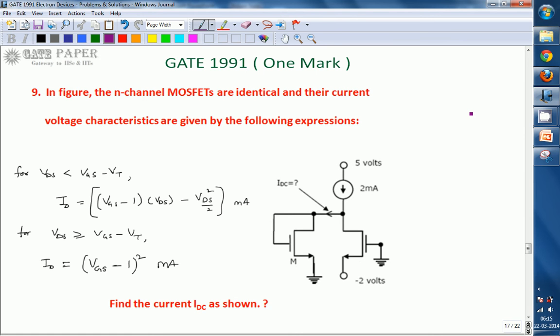MOSFET can be in any of three regions. It may be in cutoff region, linear region, or saturation region. Linear region is also called triode region. So this is the condition for triode region, or linear region, and this is the condition for saturation region.